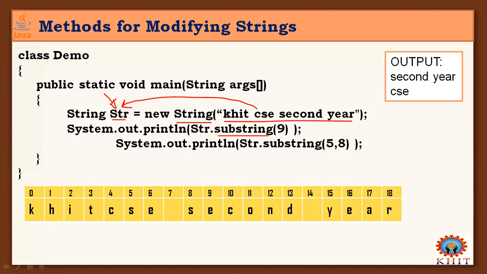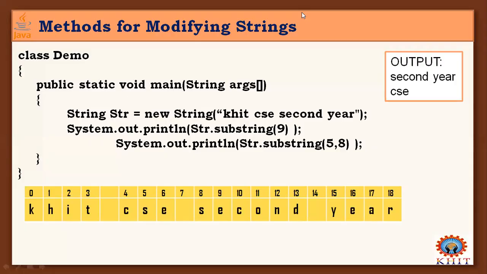Okay, coming to here, the same string KHIT CSC second year is taken into an array.